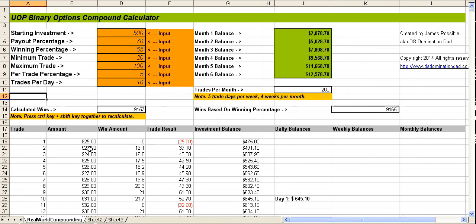It's one more aspect, one more way to make money in the DS domination world. And it could be an extremely profitable way, but you have to become an extremely profitable and disciplined trader.